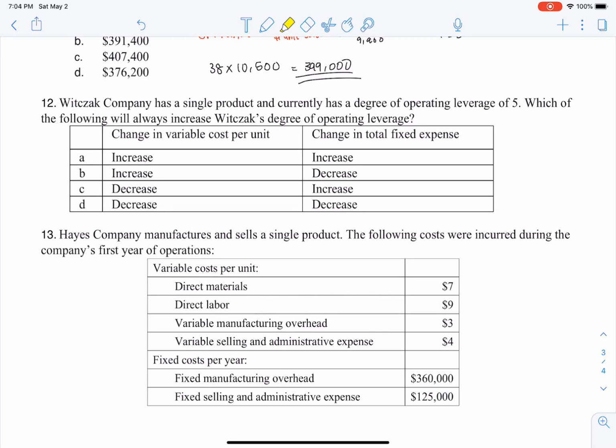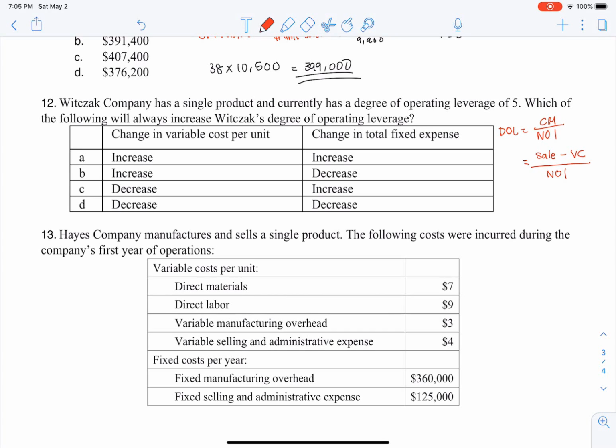So the formula for operating leverage is the degree of operating leverage: the contribution margin divided by our net operating income. And what is our contribution margin? Contribution margin is the sales minus our variable cost, divided by the net operating income.